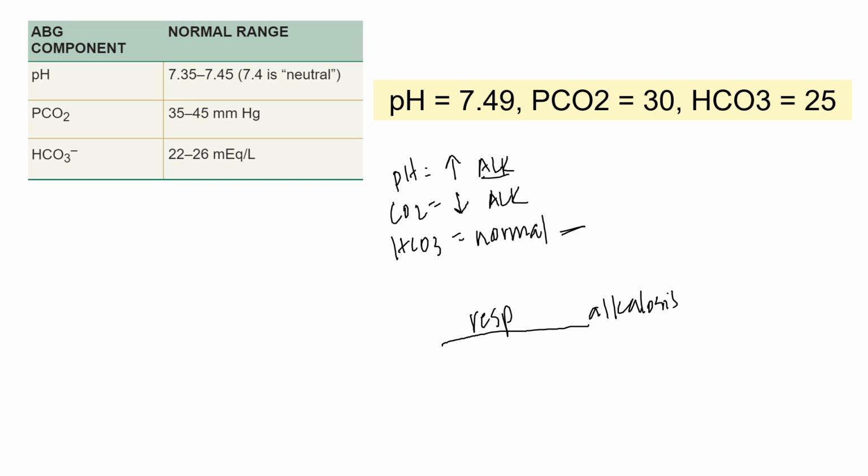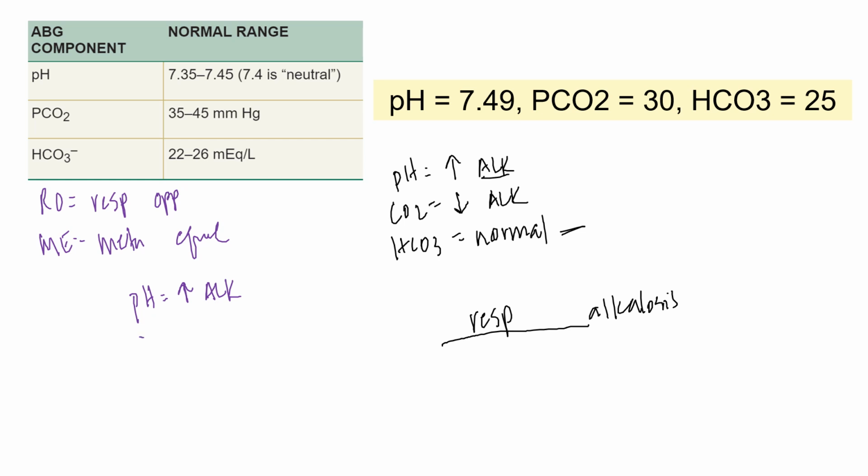Now let's try the ROME method on this one. So we have our RO, reminder, respiratory opposite, and then our ME, which is our metabolic equal. So we start with our pH is increased, alkaline.